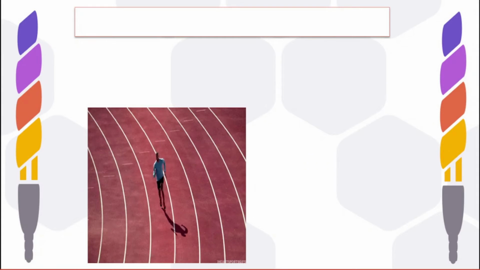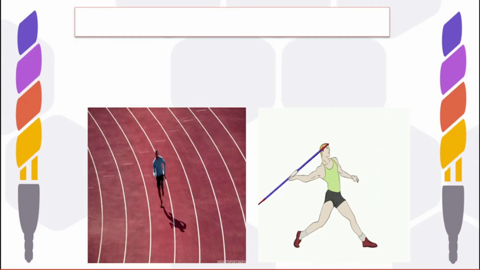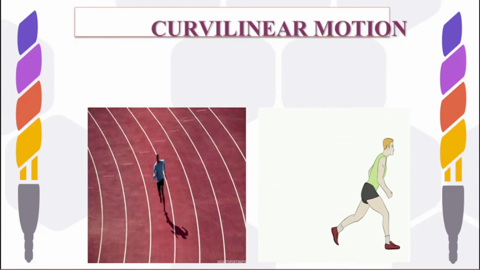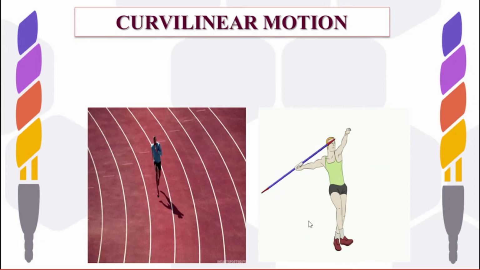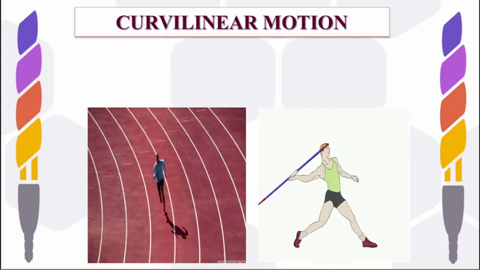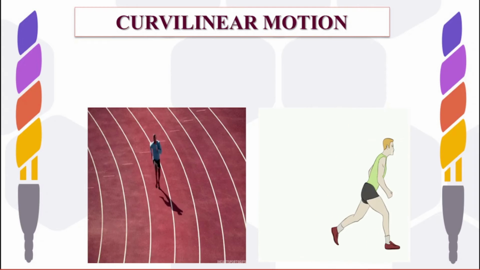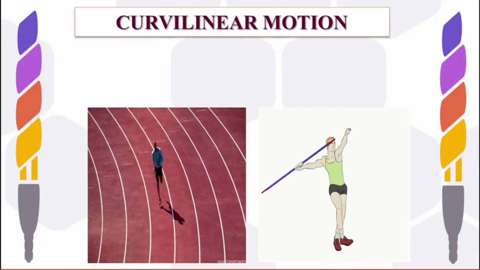And look at this picture. An athlete moves in a curved path, and an arrow is thrown in some direction. These two examples are called curvilinear motion. In the second picture, the arrow moves some distance, and after that it takes a curved path.